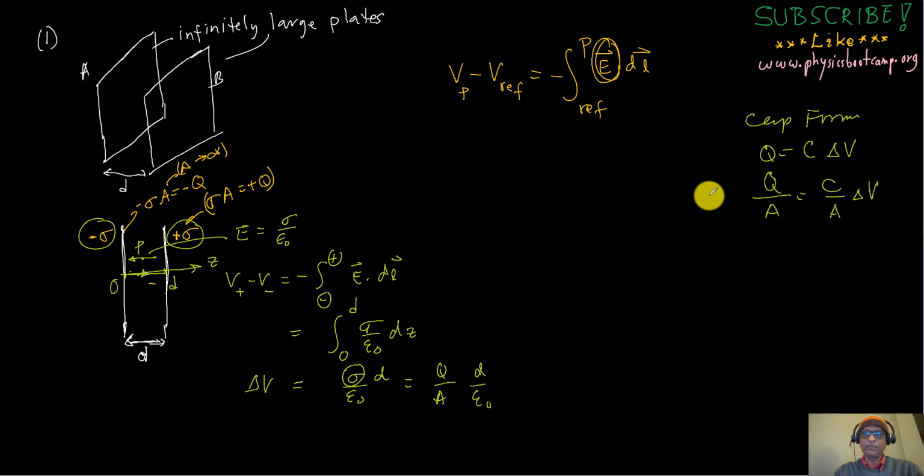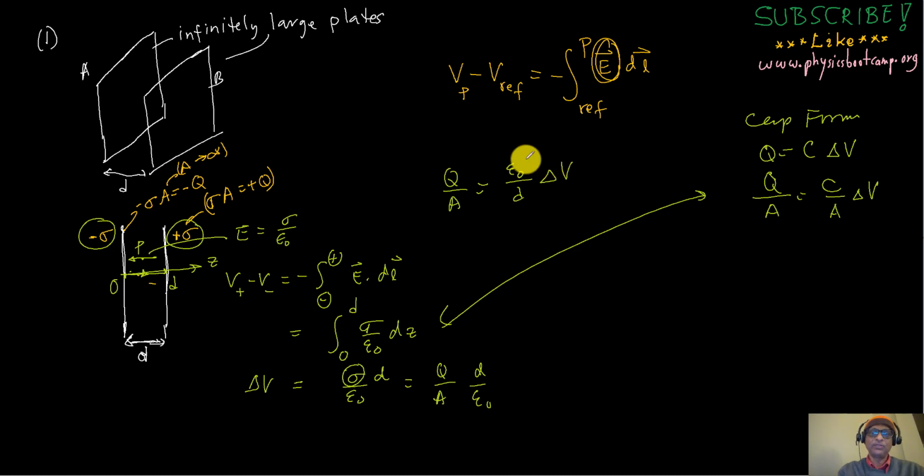So if I compare this with that, you can see that Q over A is equal to, I can send this on the other side, epsilon naught over D times delta V. And so this should be equal to this quantity.